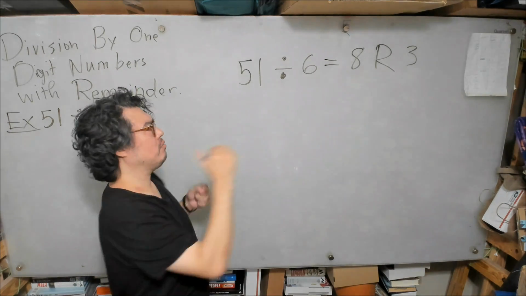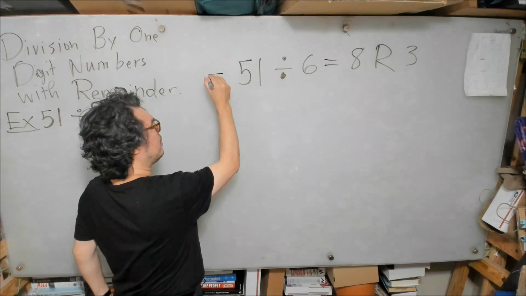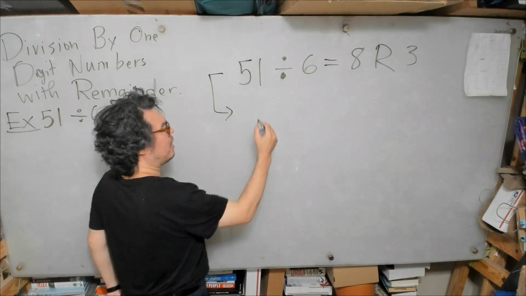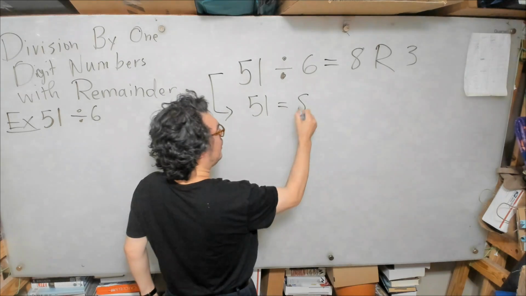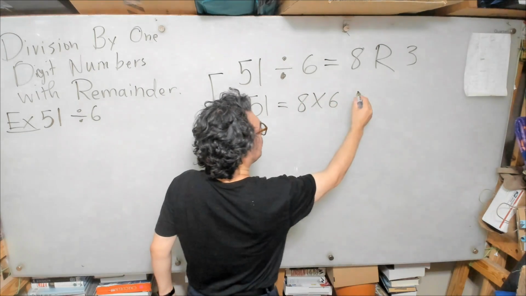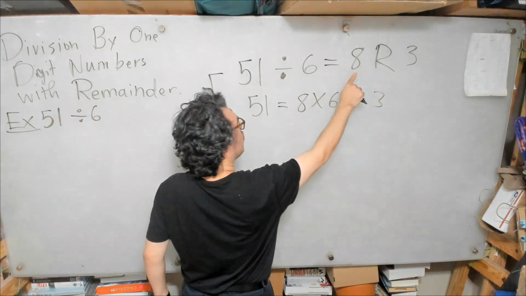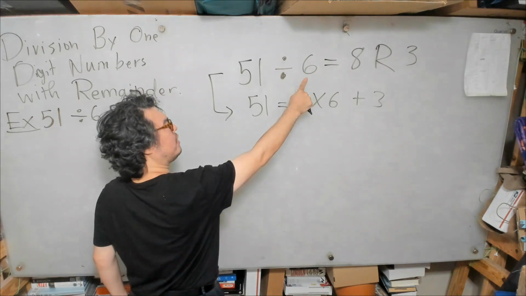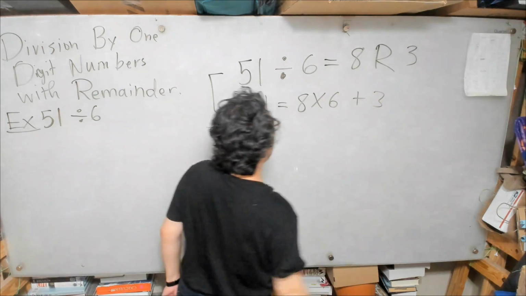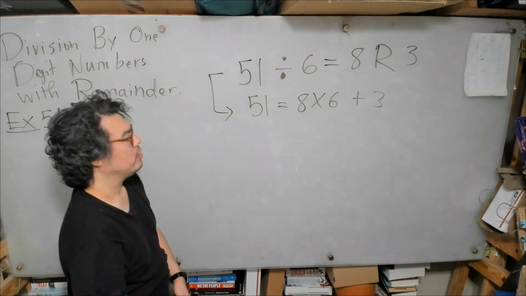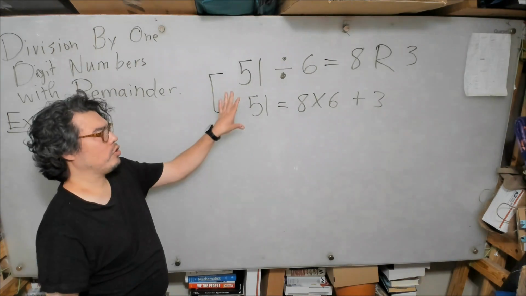This means that 51 can be written as 8 times 6 plus 3. The quotient times the number you're dividing the 51 by, plus the remainder. I always want you to think about this.